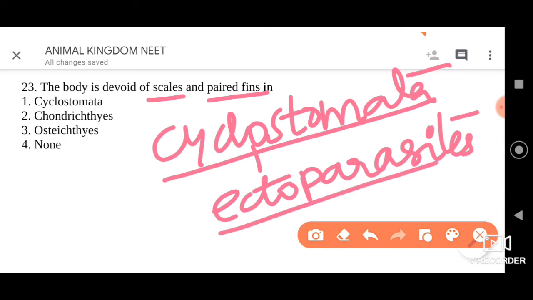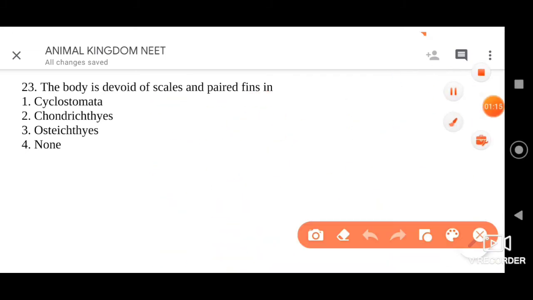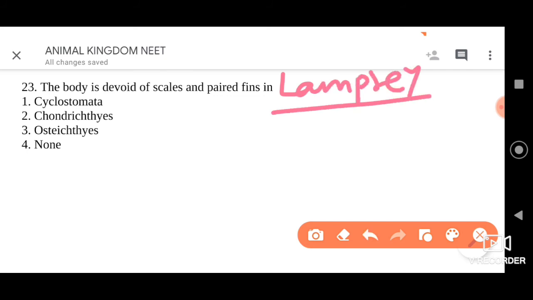So they attach to the outside part of the body of some fishes. Let me tell you now a few important aspects. Let us say for example we have lamprey here. The example which I am giving you here is lamprey, or we can also say petromyzon.